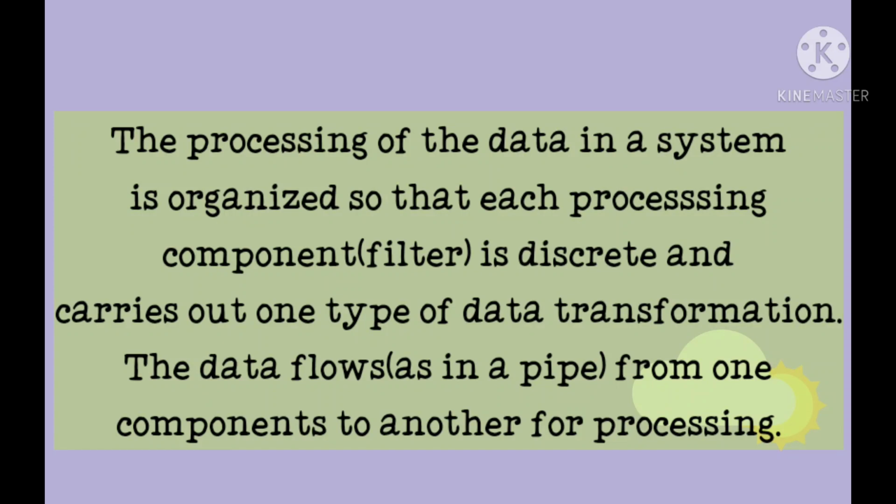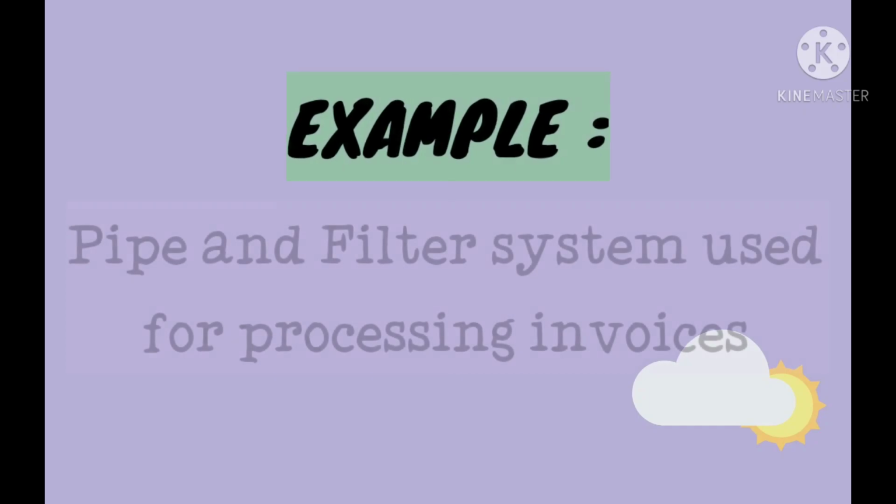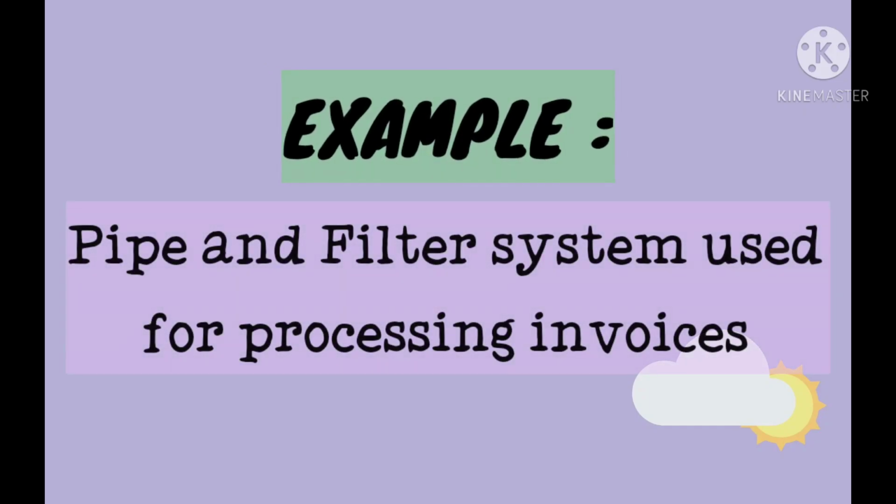The data flows from one component to another for processing. An example of pipe and filter architecture is a pipe and filter system used for processing invoices.